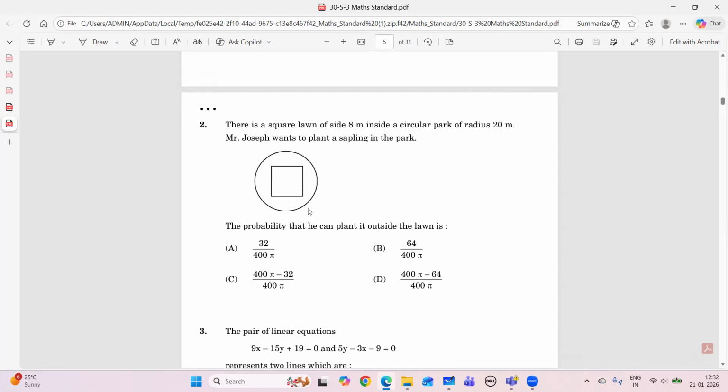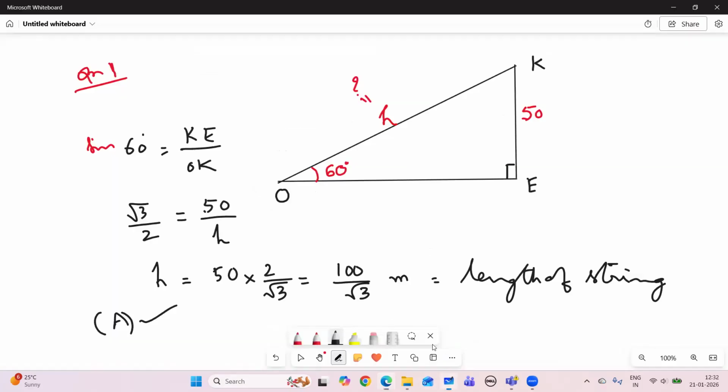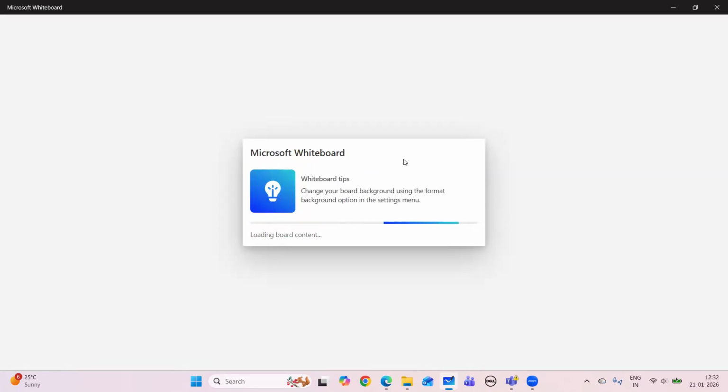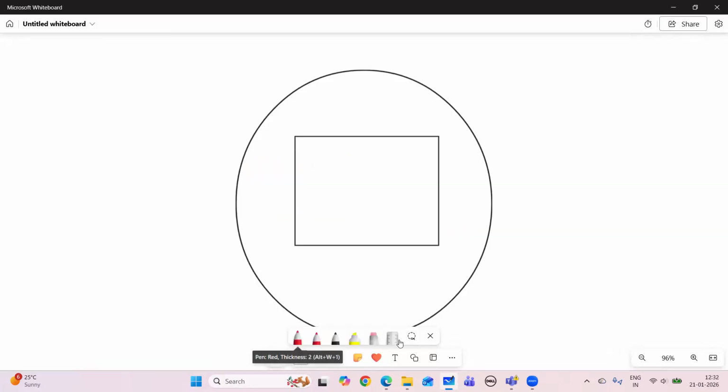Okay, let us look at the working. So we have a square of side 8 meters. So this is 8 meters. This also is 8 meters.